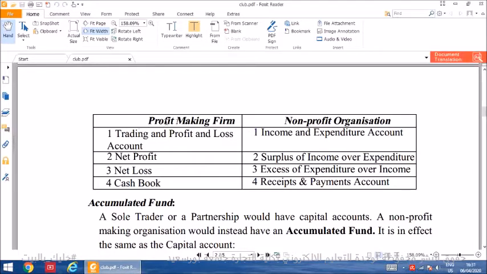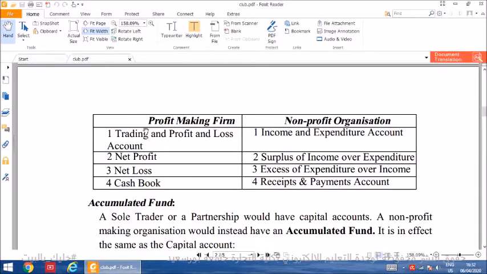Under the profit-making firm: trading and profit and loss account, income statement; non-profit: income and expenditure account. Net profit, surplus of income over expenditure. Net loss, excess of expenditure over income. Cash book, receipts and payments account.